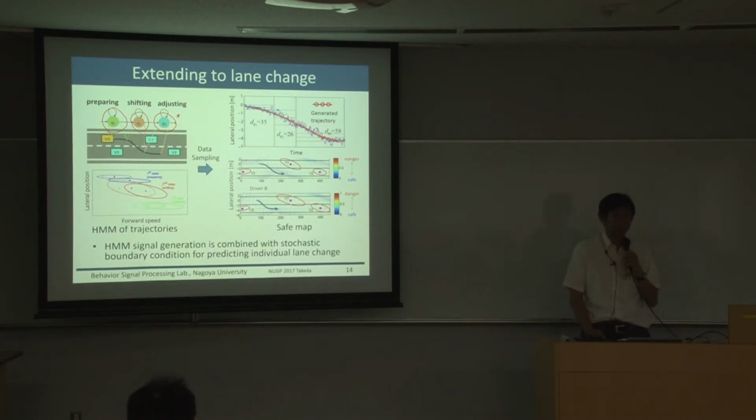We can also design a function which enumerates the risk level of each individual driver's feeling as a contour map like this, and you can find the most appropriate trajectory out of thousands of sampled trajectories. That is another scenario. And we have also confirmed the correctness of this method.